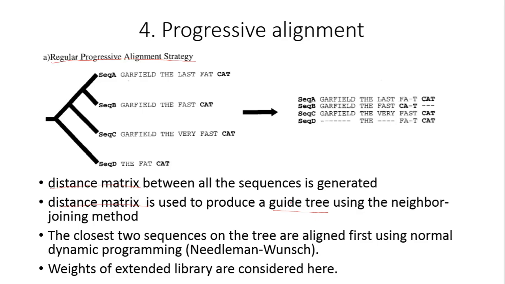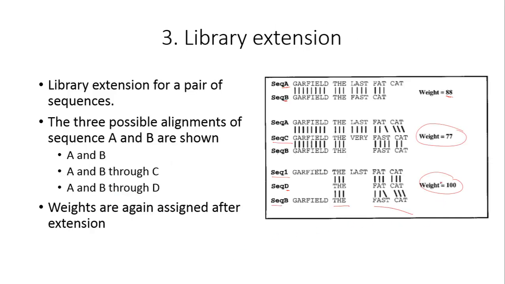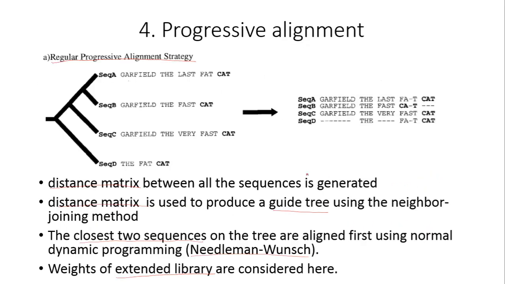Whatever two closest sequences are there as per your guide tree, you would align them using dynamic programming. For example, you can perform global alignment again using the Needleman and Wunsch algorithm. While doing this progressive alignment strategy, you would consider the weights of the extended library. Whatever weights you have obtained after extending the library, you would be using that information.